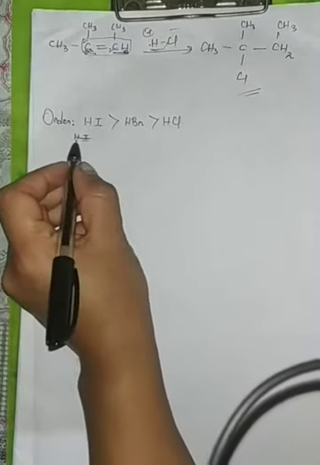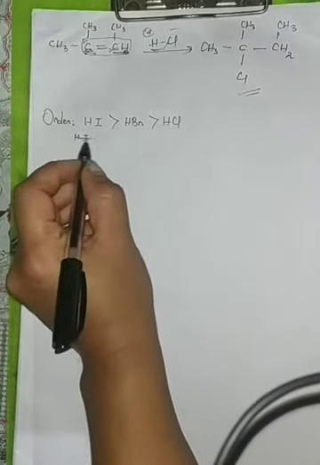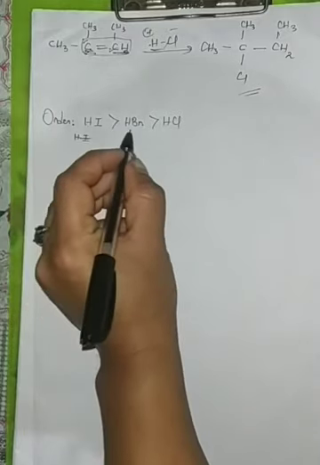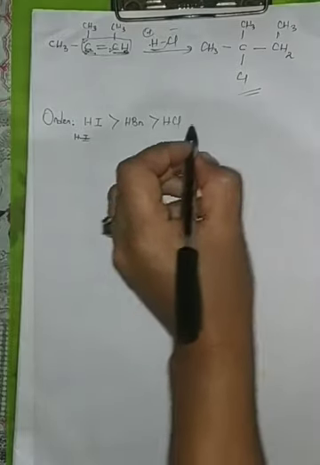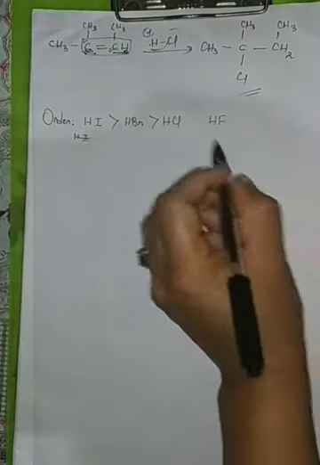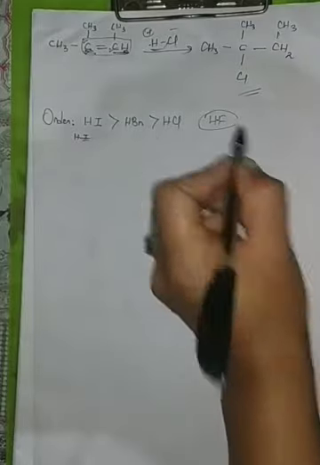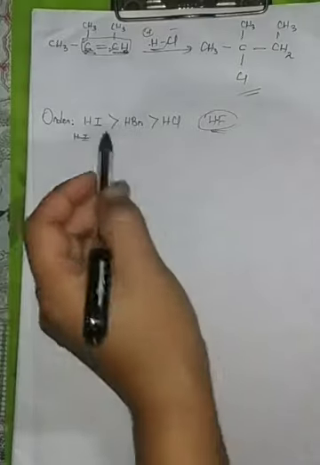Since the bond length is very long, it is very easy to break, and therefore the reactivity of hydrogen iodide is more as compared to hydrogen bromide and hydrogen chloride. However, hydrogen fluoride is not taken because the bond energy is very high. Because of short bond length, we need more energy to break the bond, therefore this is not required in the process, and only these three hydrogen halides undergo hydrohalogenation reaction for the chemical reactions of alkenes.